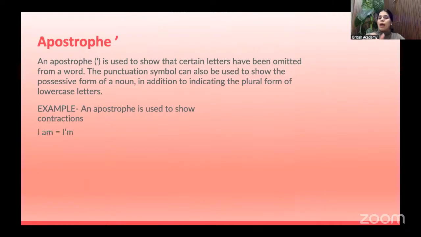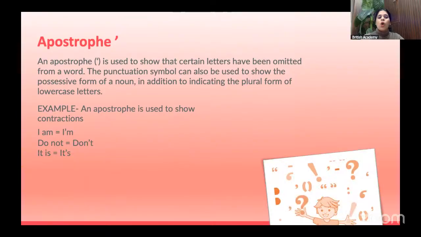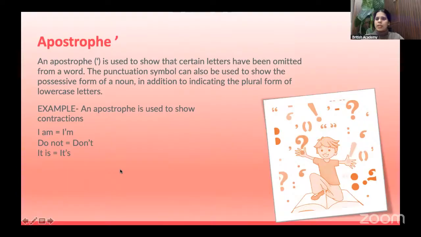Like I am, I can write it in short, I'm. Or do not, I can put it in short, don't. It is, it's. Or he is, he's. So these kinds of short forms we can use. However, I recommend that in a letter, please avoid using these. This is just in general to tell you that when you're writing an essay, you can use this.